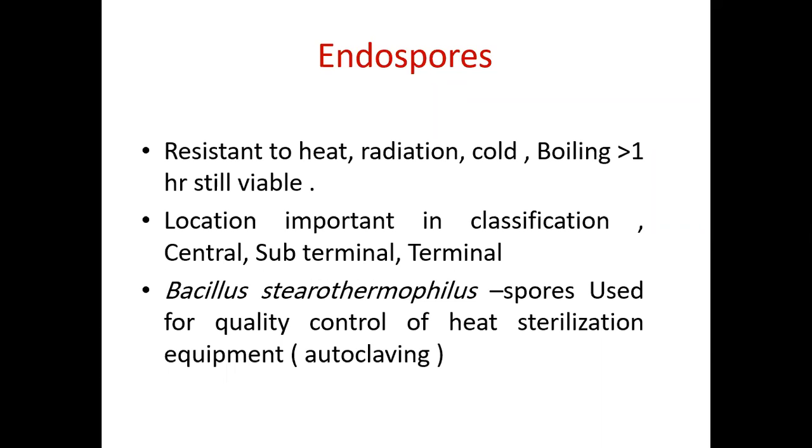This structure also helps in differentiation between some species of bacteria depending on the size and shape of the spore. The spore may be present in the center of the bacteria, or subterminal, or terminal.